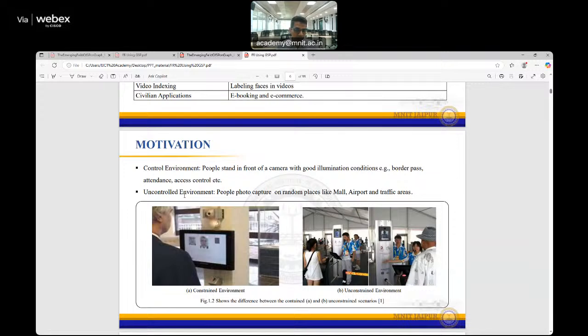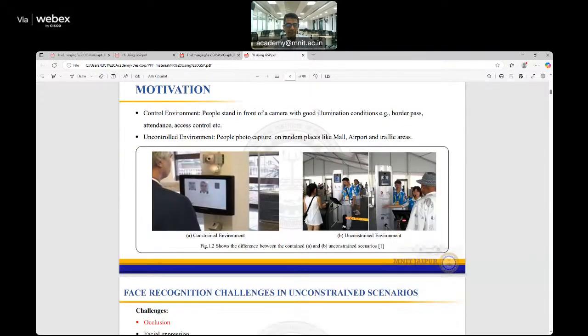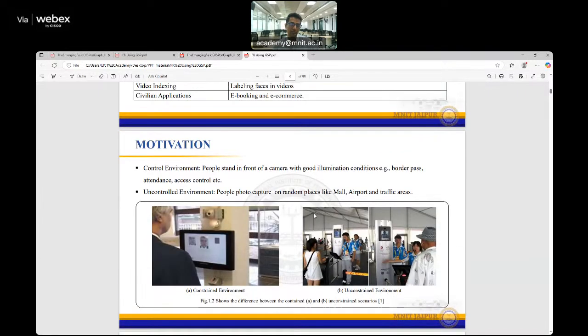Remember, whenever you want face recognition, the illumination condition is important, and it is part of the controlled environment. In other cases, photos are captured in random places like malls, airports, and traffic areas. Face recognition can work both ways: simply in front of a camera for attendance, which is a good thing.